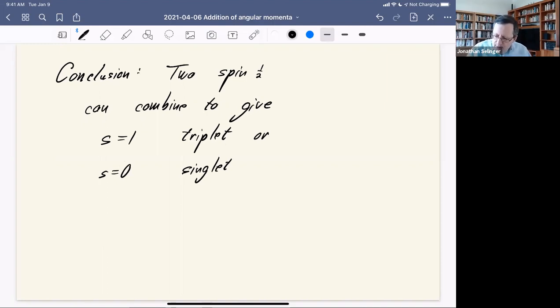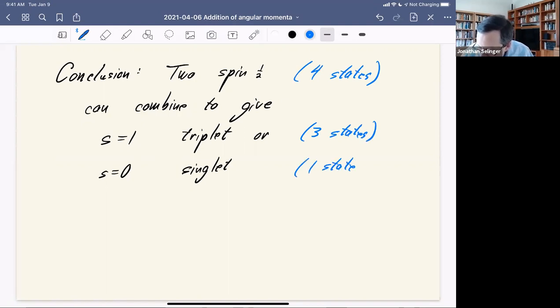So the 2 spin a half, that means 4 states, right? Because each of these can have 2 possibilities. So this is 4 states. And the S equals 1 triplet, that's 3 states, where the S equals 0 singlet is 1 state. So that's 4. Okay, so it properly accounts for the 4, right? The counting all works out.